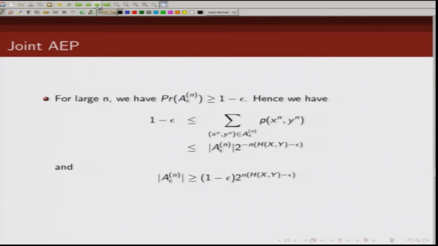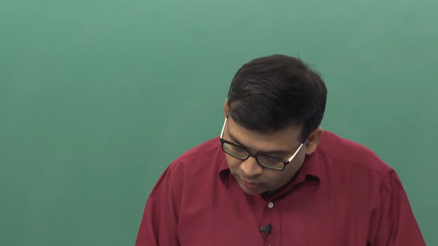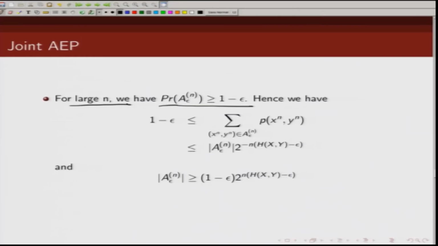Next, we have shown that as n goes to infinity, or n is large, the probability that Xⁿ and Yⁿ are jointly typical is greater than or equal to 1 minus epsilon. So then we can write that 1 minus epsilon is less than or equal to this probability. Why? Because when n is large, the probability that Xⁿ and Yⁿ are jointly typical is greater than 1 minus epsilon.